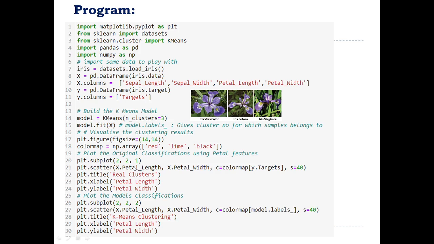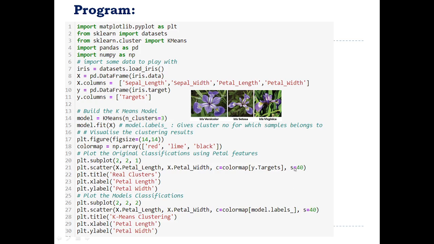The first ones are the x-axis and y-axis values. Then the color map to represent the cluster data points. We are using the color map based on the target value, and s is nothing but the size, the marker size.